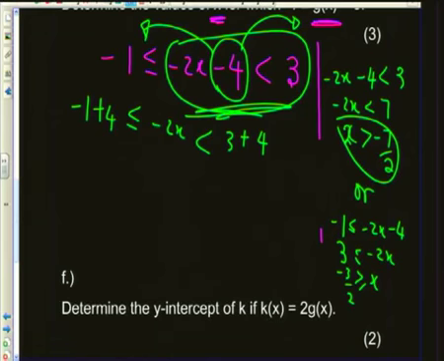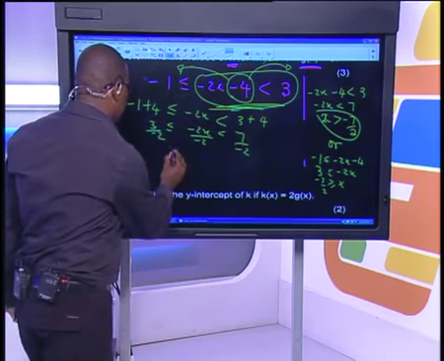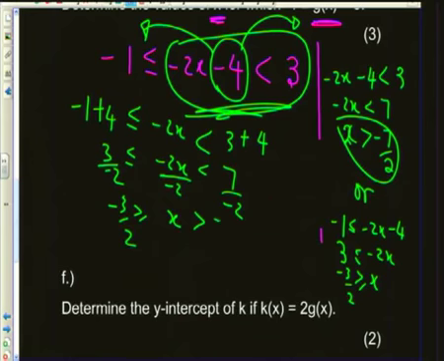Now we simplify, you get your 3, and then minus 2x, and a 7. Then I divide by -2 throughout. And the mere fact that I've divided by a -2, the inequality sign changes. So I get -3 divided by 2, x, -7 divided by 2, which is the same thing as that one.